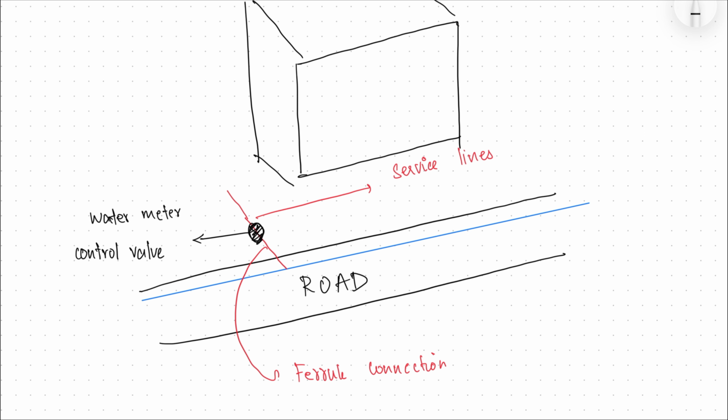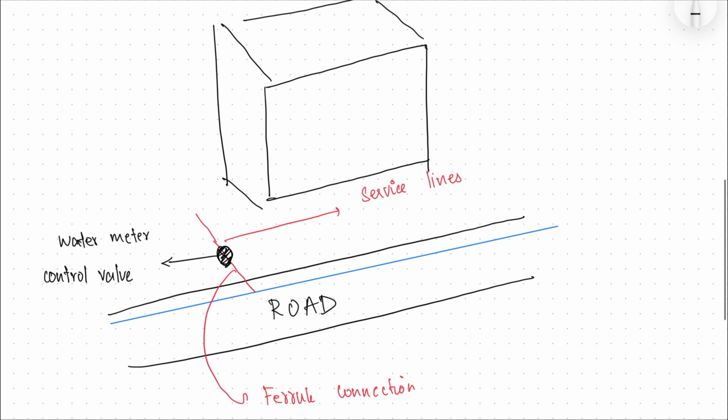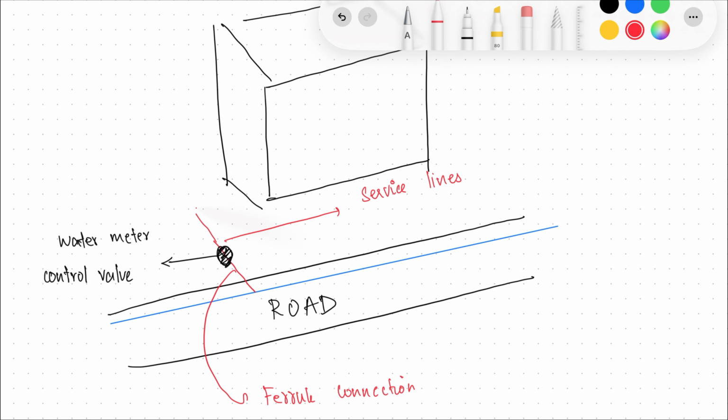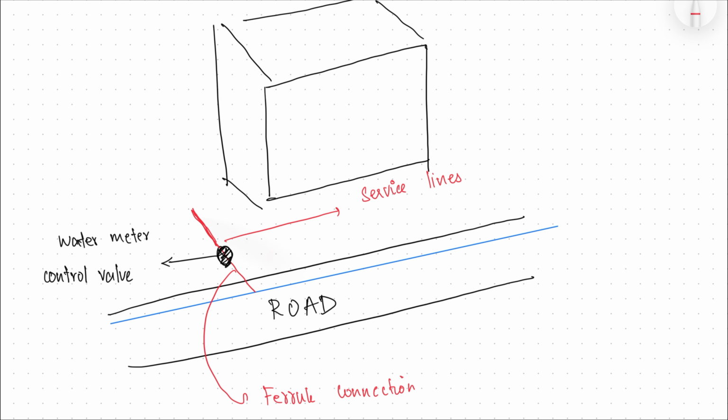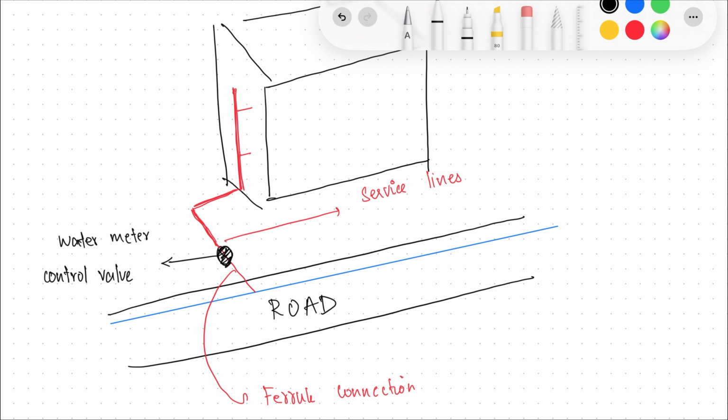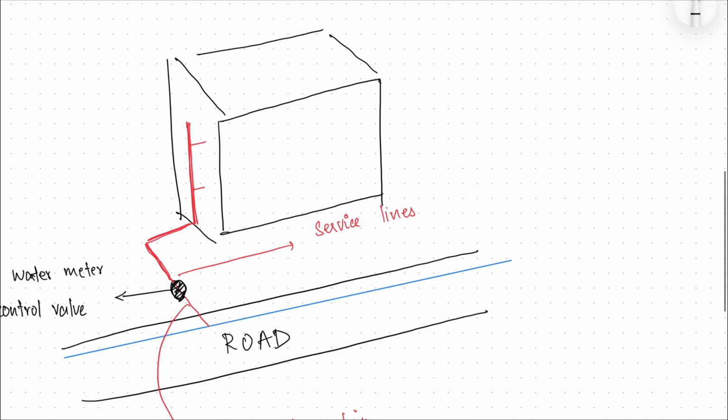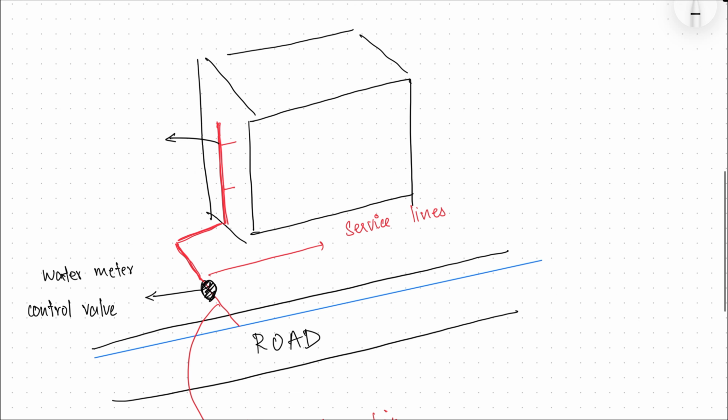Okay, so you have the service line, and then it is laid out as a pipe on the building, and it is supplying to the different appliances, different spaces like your kitchen, bathroom, every other space. So this vertical pipe that is laid across the wall is called the rising main.